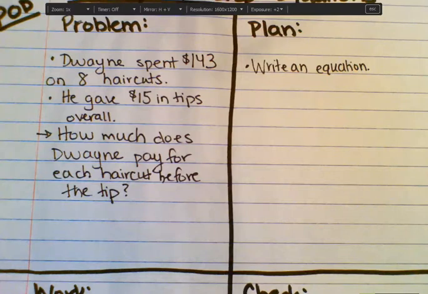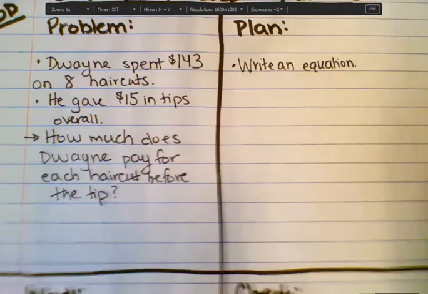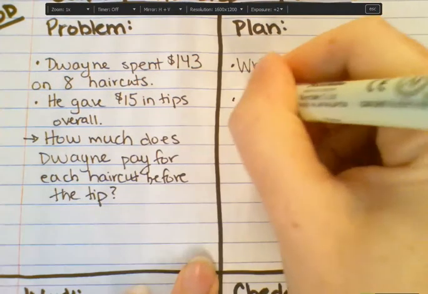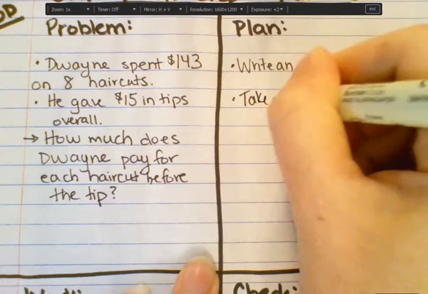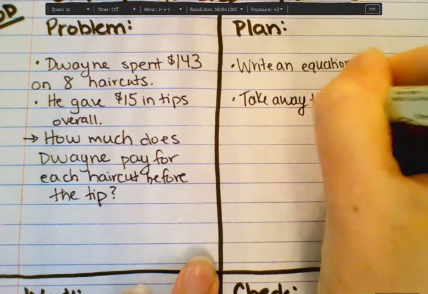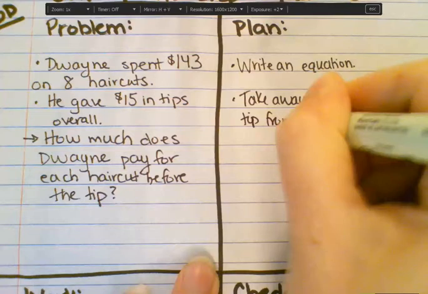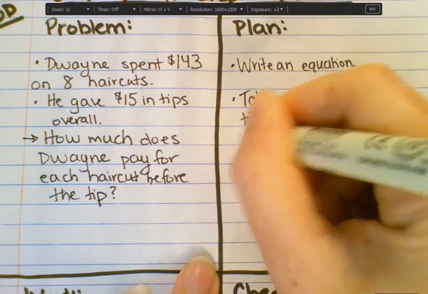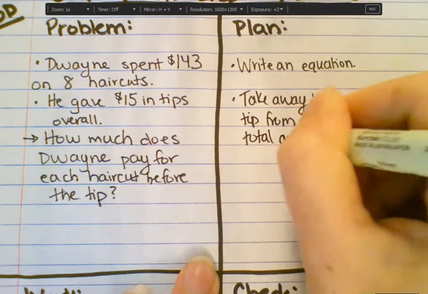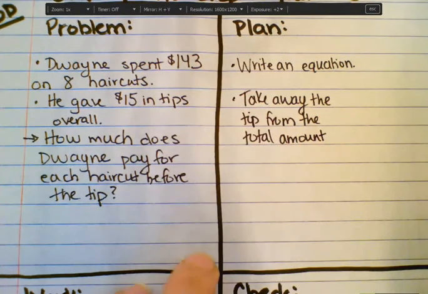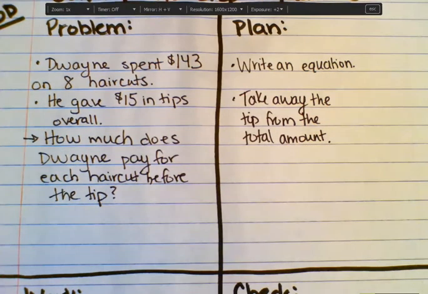It says before the tip, so I know that when I'm working through it, I'm going to need to take away the tip from the total amount. But if I am going to write an equation, I'm probably going to want to have equivalent like items on each side of my equation.